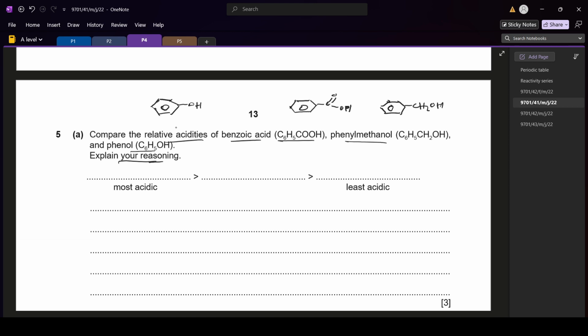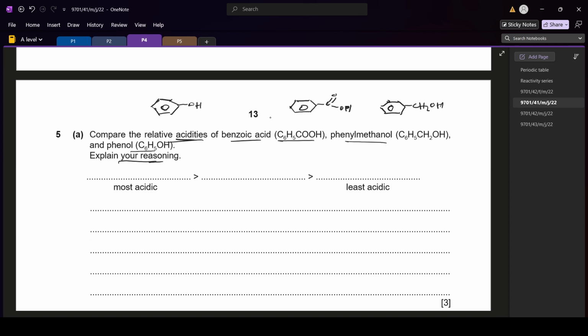Now the acidity is based on how easily a substance loses a proton and the stability of the conjugate base.